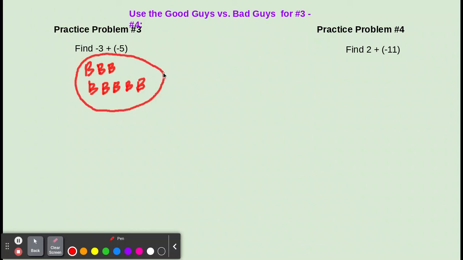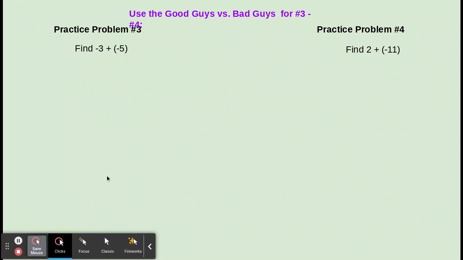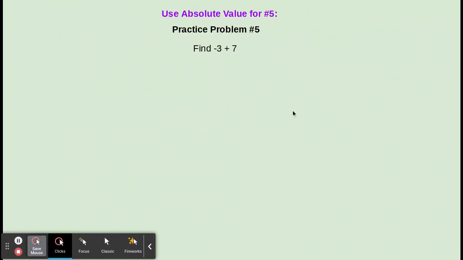So we have this as all the ones that are left over. So our final answer is what? And then for this one, practice problem number 4, you can do the same thing. And then for practice problem number 5, you could try using your absolute value method.